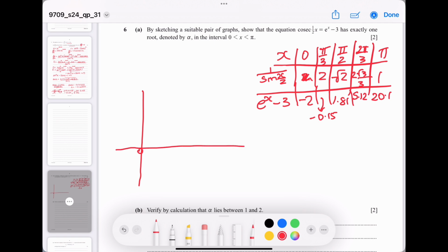So we've got 0, pi over 3, 2 pi over 3, and pi. I might just plot those ones. So our first one is pi over 3 is at 2.